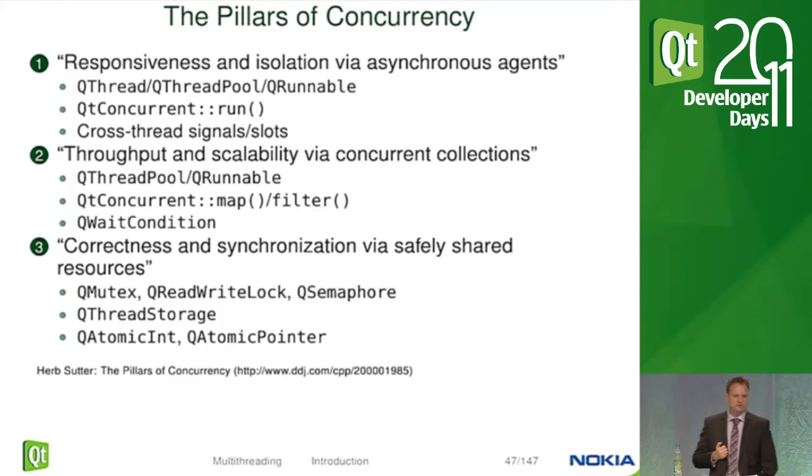And he talks about these 3 pillars of concurrency. 2 of the pillars are what we already talked about, namely the pillar for just getting stuff off your GUI thread, the pillar for doing massive computation in parallel, and the final one is the correctness part.